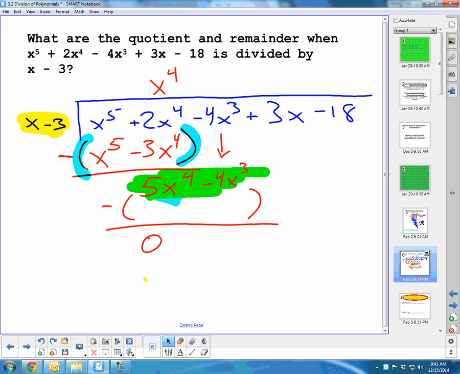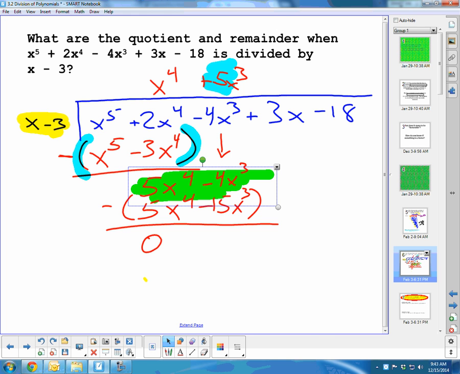I need a 5x to the fourth. So up here, I'm going to need a positive 5x cubed. For when I take 5x cubed, multiply it by x minus 3, I will get 5x to the fourth minus 15x cubed. And now I'll do the subtraction here.